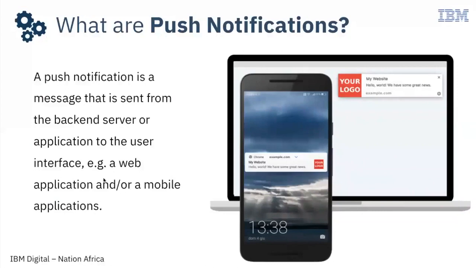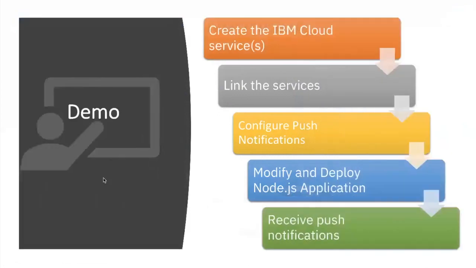So with that background that I've provided on what an API is and what push notifications are, now let us start with today's demo, in which we'll be creating a push notification service on IBM Cloud.